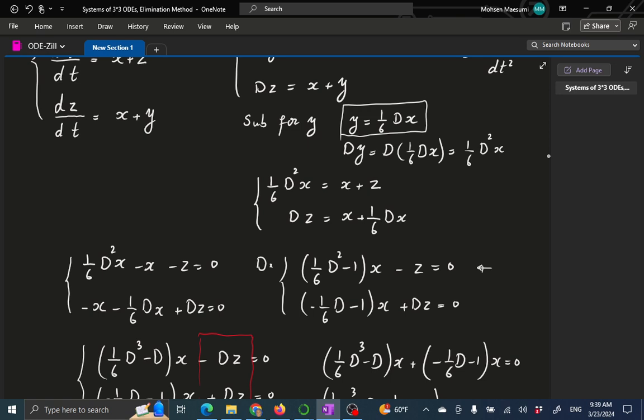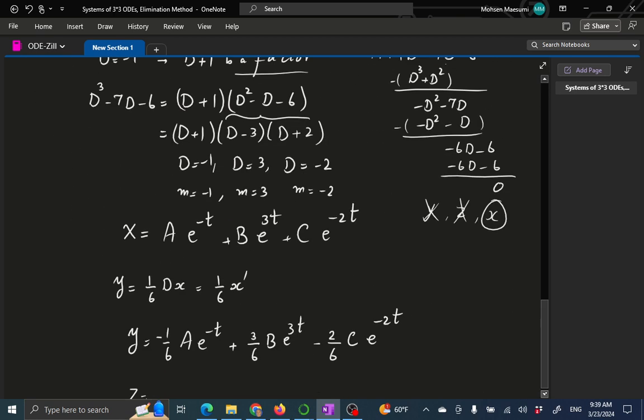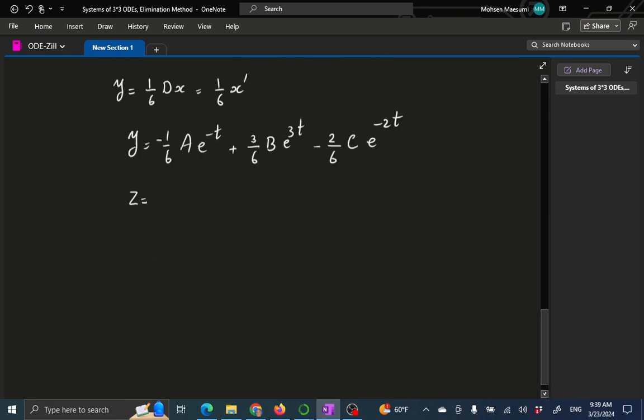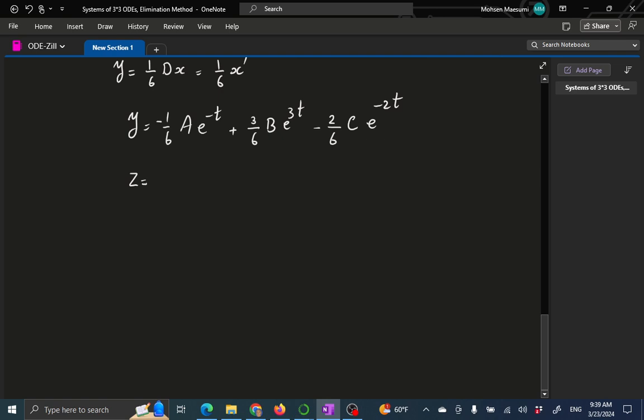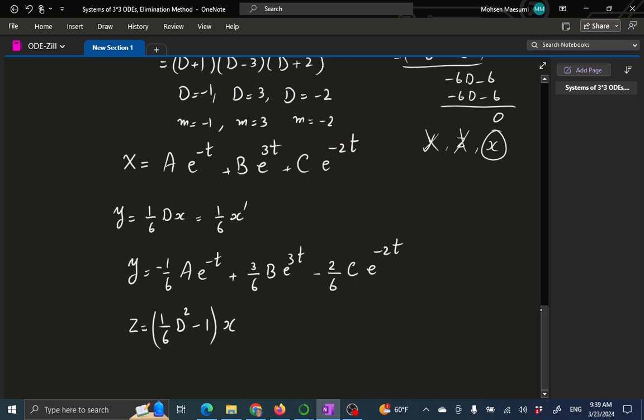Is that right? That is z is equal to that. So let me write that and just carry that out. z turned out to be 1/6 of the second derivative, and then minus 1, of x. So I need my x in front of me. What do I need to do? Differentiate this twice.